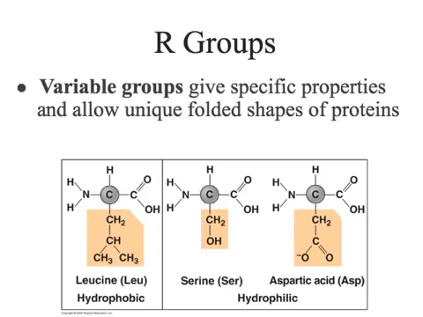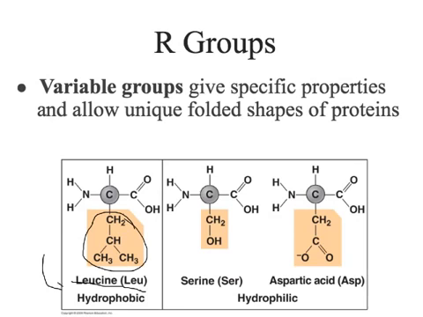Okay, so let's look at a couple of these R groups, just so you can get an idea what they look like. Do not memorize the different R groups for different amino acids. I just wanted to show you how the R groups differ. Okay, so for example, this monomer is called leucine, and you can see it has this R group, a branched carbon R group. And it turns out that this group is hydrophobic.